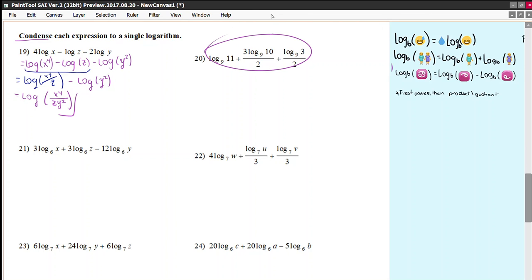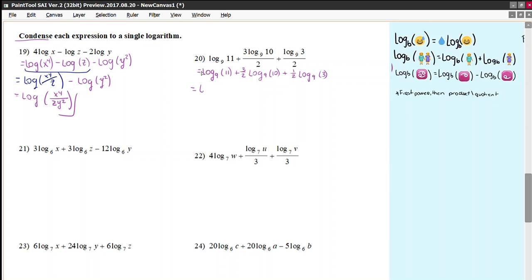Now here, I have a bunch of logarithms, and notice that this logarithm is being multiplied by a 3/2, and this one is being multiplied by a 1/2. So I'm going to rewrite this as logarithm base 9 of 11 plus 3/2, so you can see what I was talking about, plus 1/2 logarithm base 9 of 3.